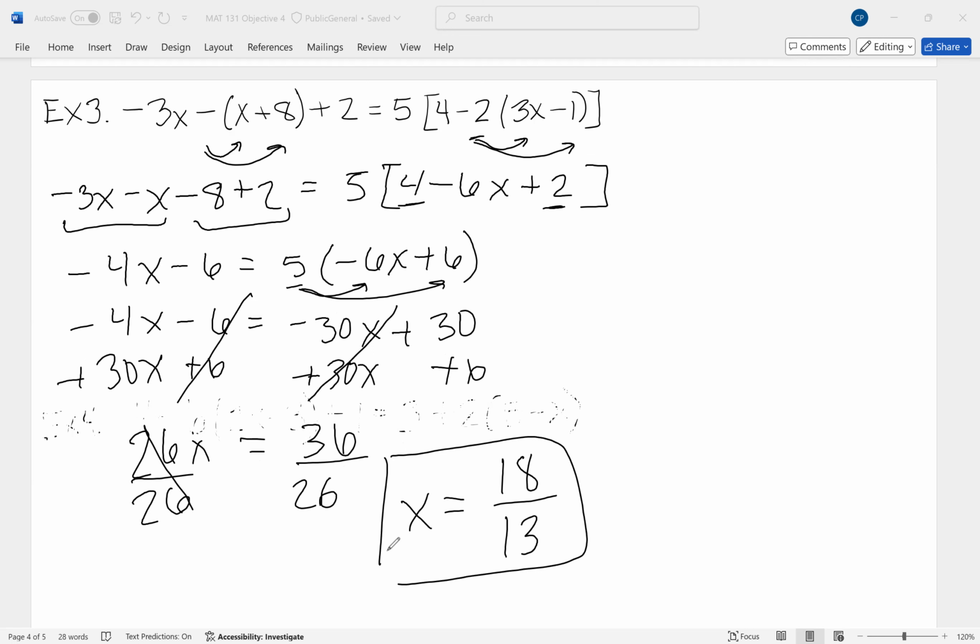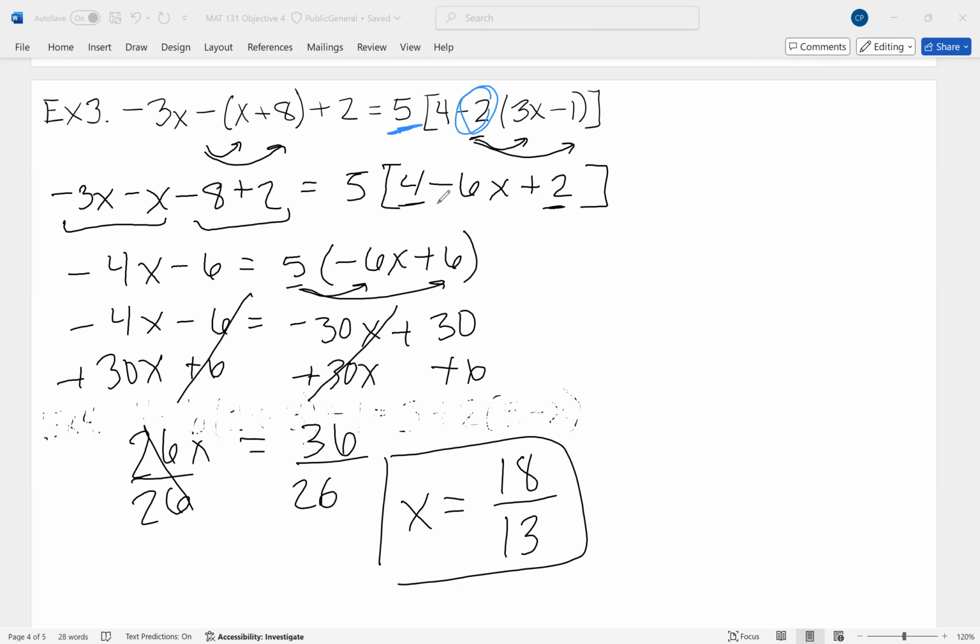So I think with these 3 examples, you all have a good idea of the type of problems that you will have using the parentheses and the brackets. You just want to make sure that you distribute correctly, and when you have those brackets, you want to work it from the inside out. You don't want to jump in and try to distribute the 5. You need to start with the -2, okay?